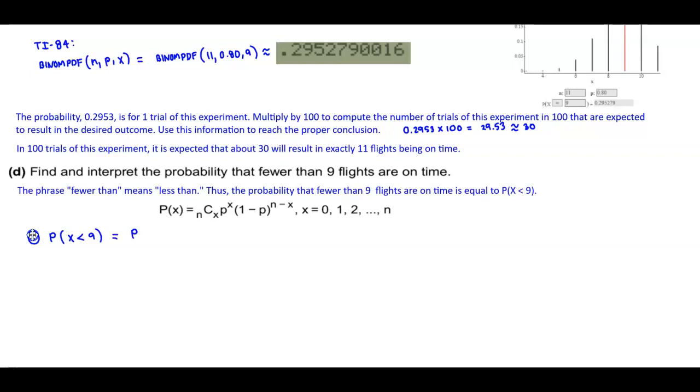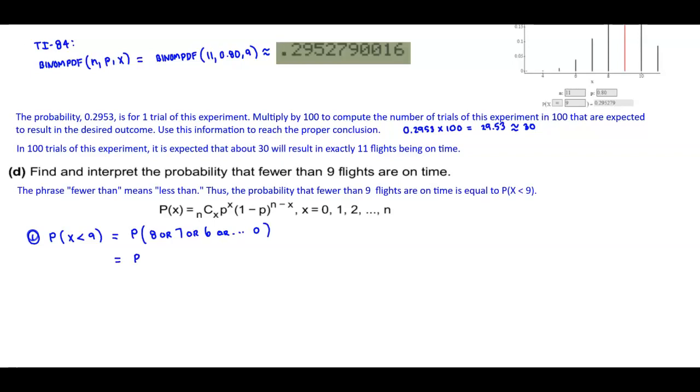which is equal to the probability of 8 or 7 or 6 all the way to 0. Okay, so how do we interpret this?